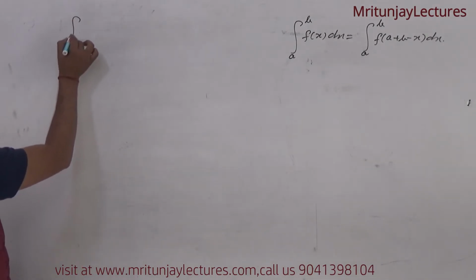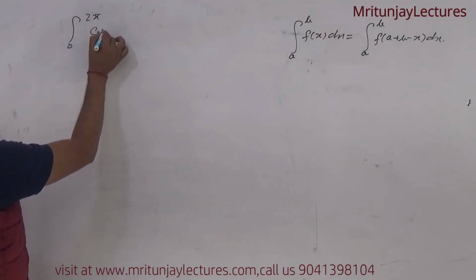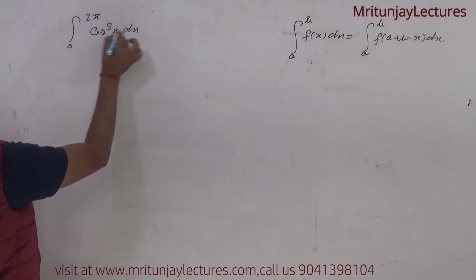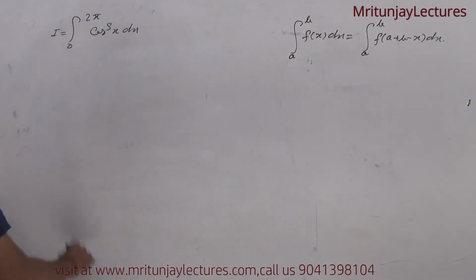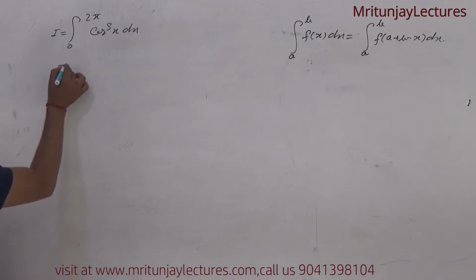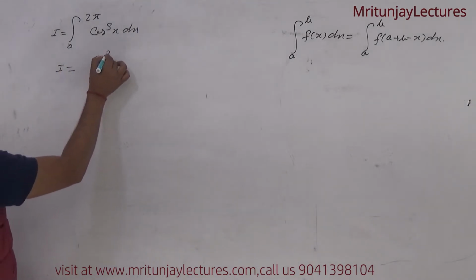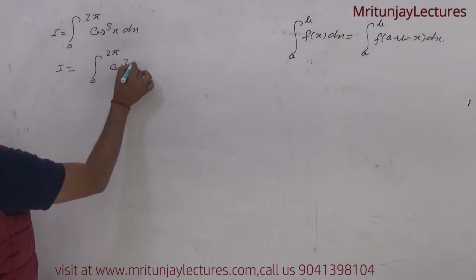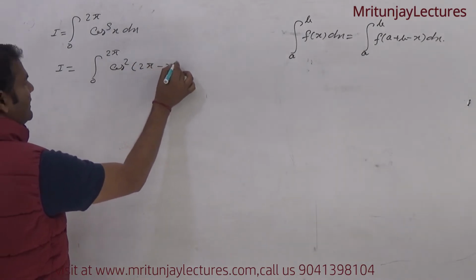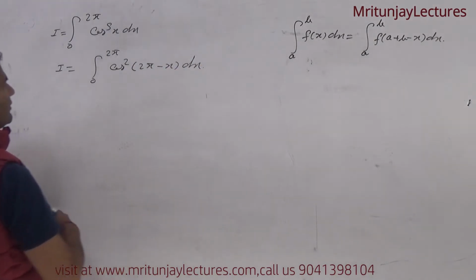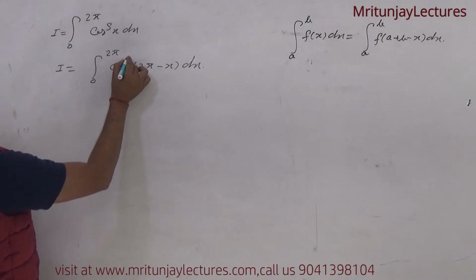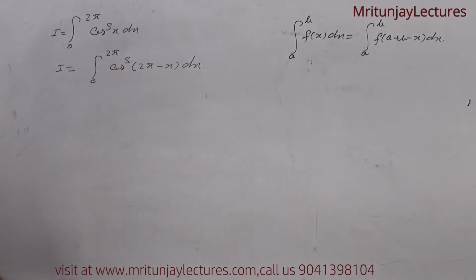Now, integration of 0 to 2π of cos⁵x dx. This is I. Now apply the property of 0 to 2π of cos⁵(2π − x) dx. We get the same answer if you apply the fourth property.